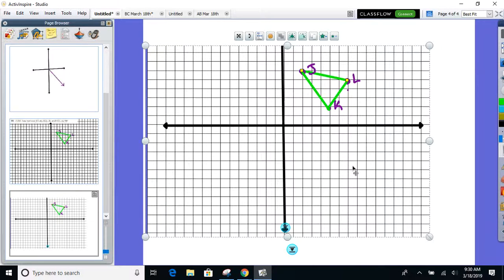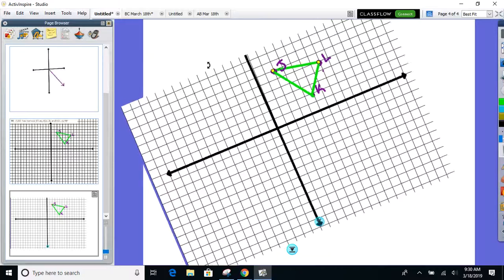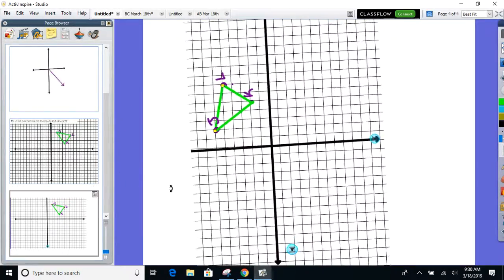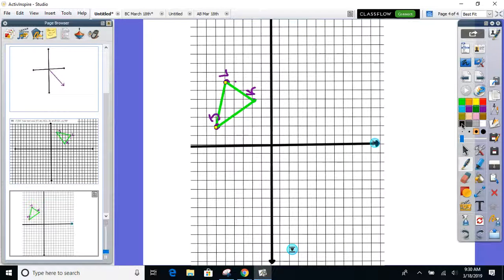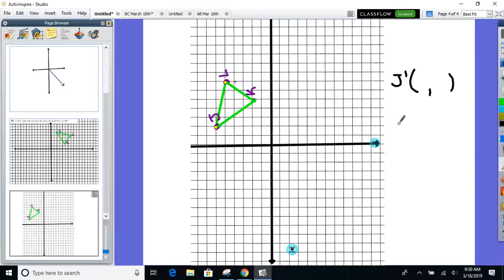So should I be turning this to the right or to the left for counterclockwise? I should be rotating it one quarter turn to the left. All right. What I like to do is turn it, write down the coordinates, and then graph last. So J, K, L. Okay, everyone ready?